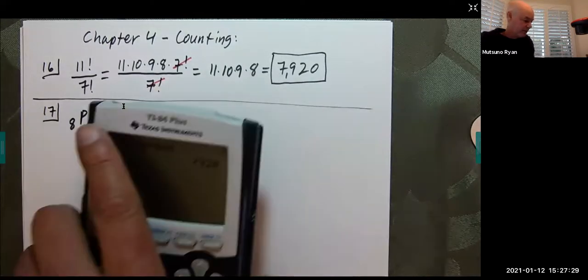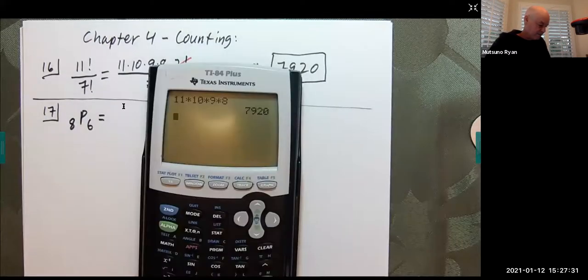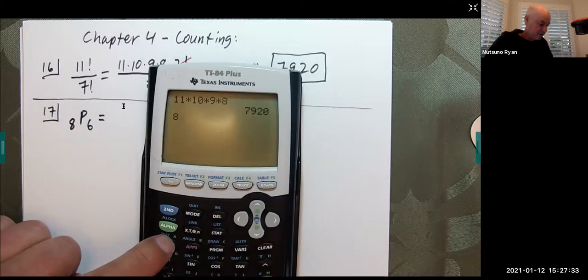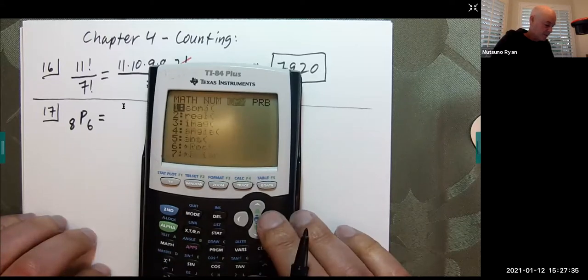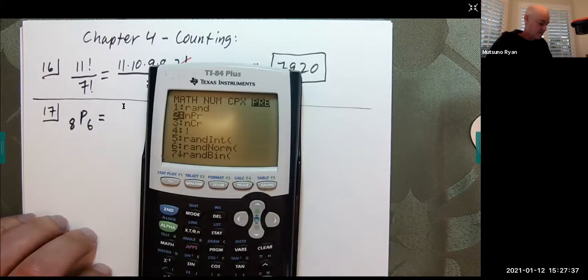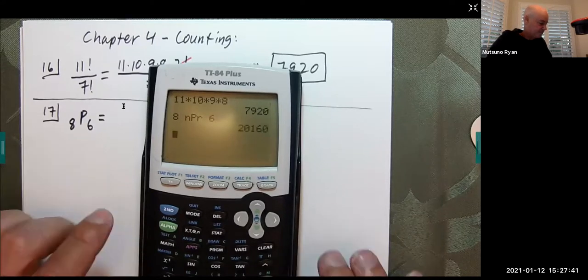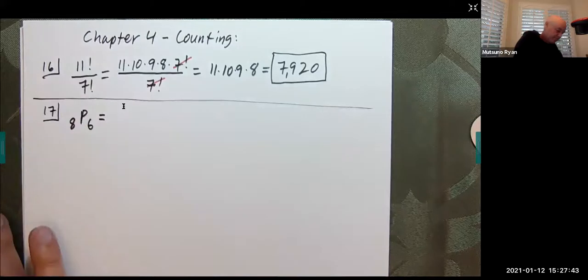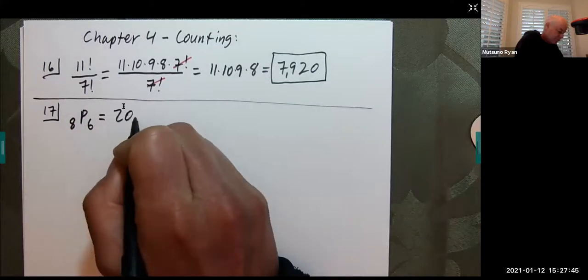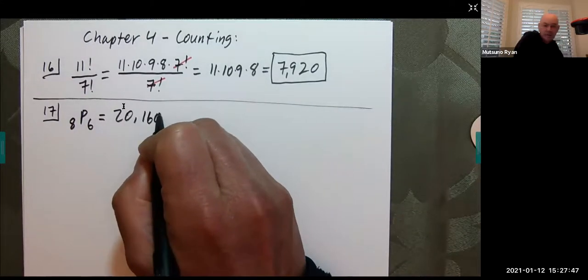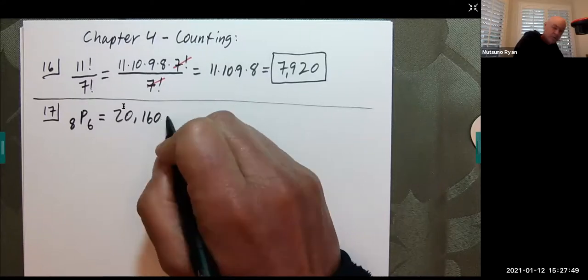The way we find that in the calculator is I type in 8, I hit math, I go to probability, and I go down to nPr, and then 6. Arrangements.